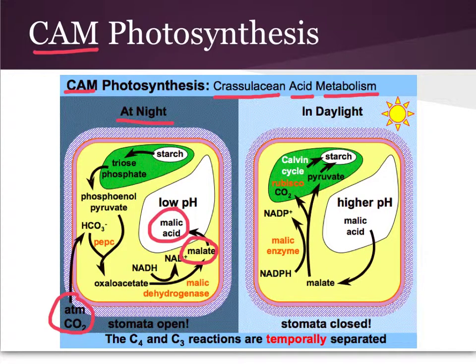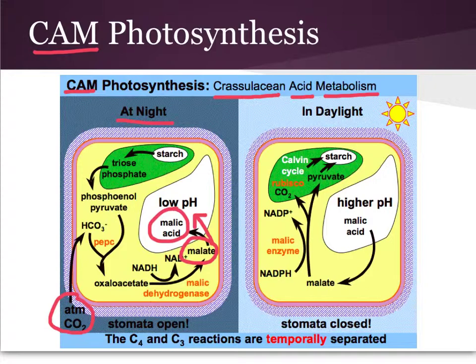It's converted into a 4-carbon molecule. However, instead of sending this 4-carbon molecule into a different cell, it actually sends that malate into the vacuole of the plant cell. In the vacuole, this malate, or this malic acid, is stored until it can be used during the day.